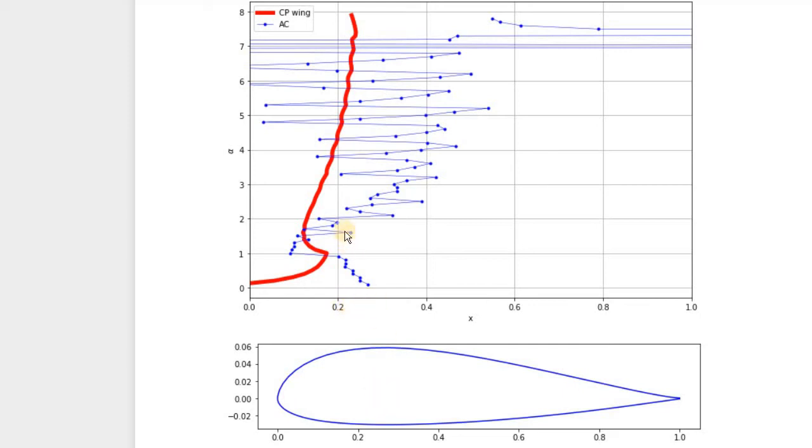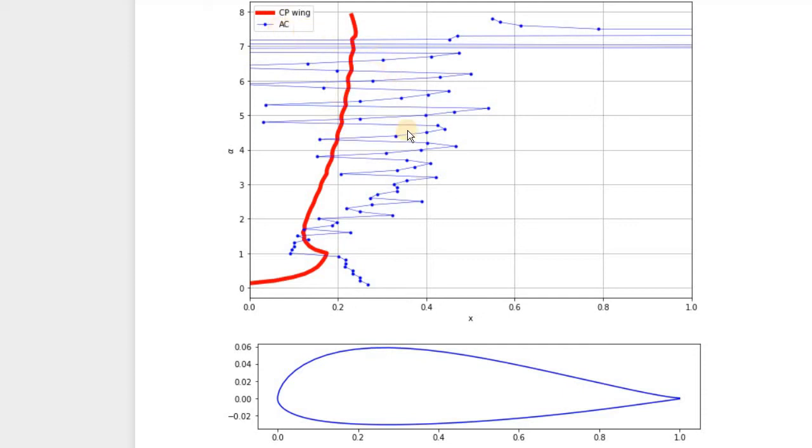But a few remarks we should make about this. The first remark is that the aerodynamic center has quite a bit of noise. It happens because of the way it's computed. When the center of pressure is not changing significantly, we have unpredictable results.